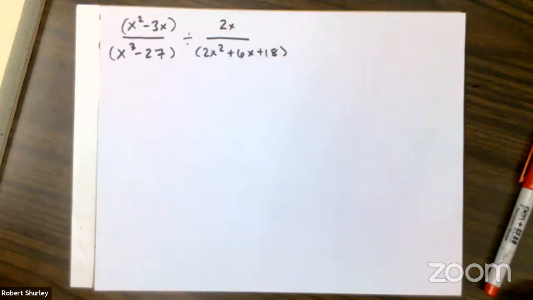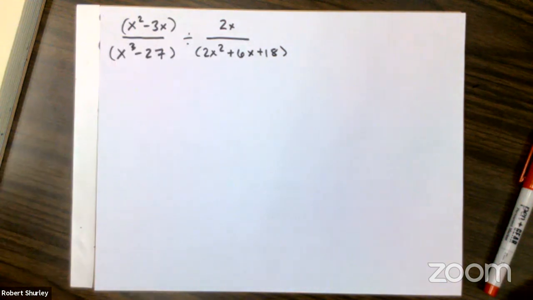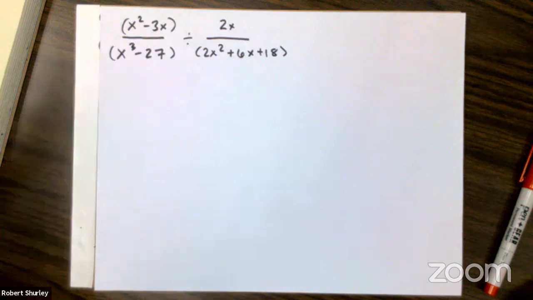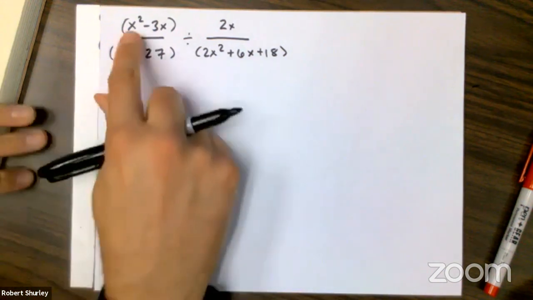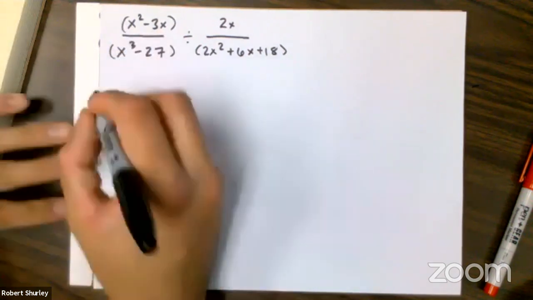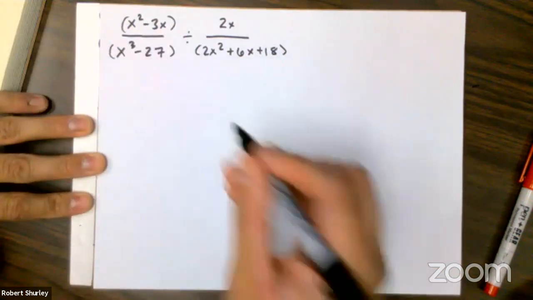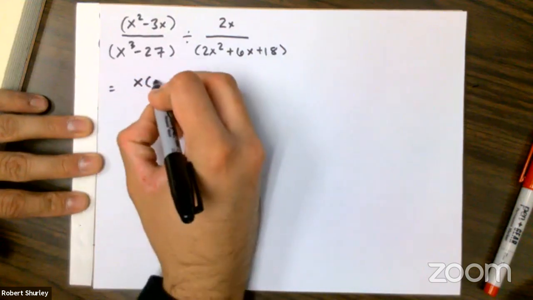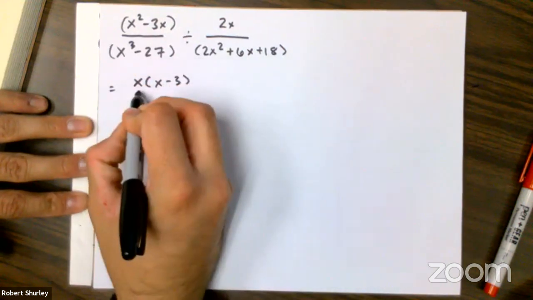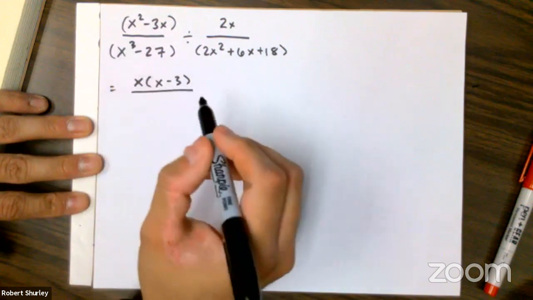Okay. So let's look at this one now, guys. And again, the same thing from before. I'm going to factor each one and then put them back into it. So x squared minus 3x, I can factor an x out. So this would be x times x minus 3. On the bottom, this is difference of cubes.